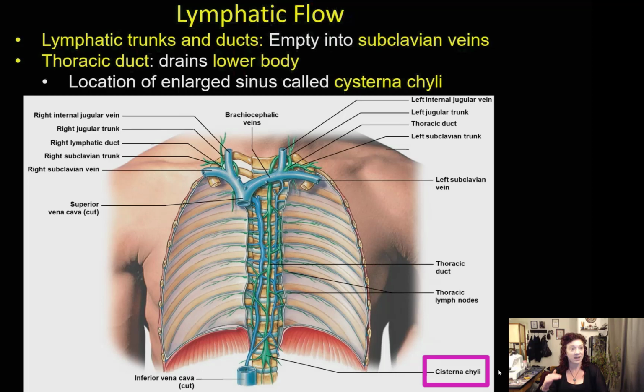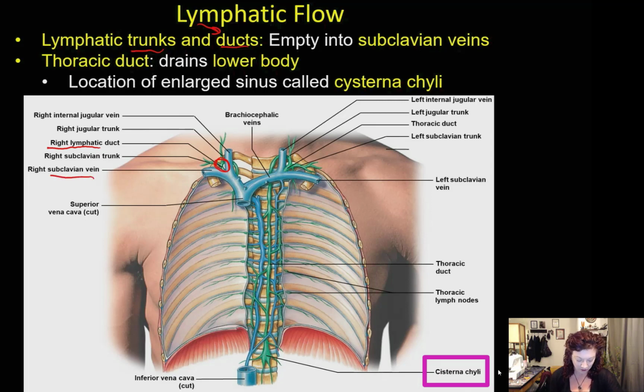All right, so those lymphatic capillaries coalesce into lymphatic vessels, and those lymphatic vessels then join together to form what are called lymphatic trunks and ducts. The ducts are what I want you to pay particular attention to. There are 2 of them that you need to worry about. The first is called the right lymphatic duct, and it's right here, just underneath your right subclavian vein.